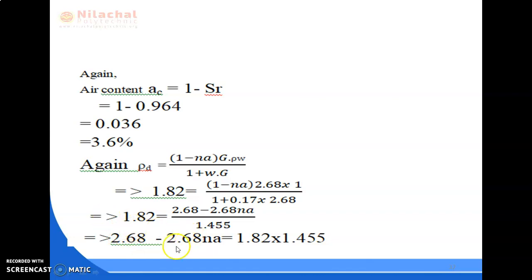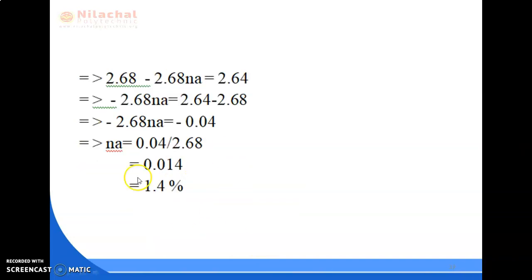Again cross multiplying, 2.68 minus 2.68 na equal to 1.82 into 1.455. So from that, after calculation, we find na equal to 0.014 and multiplying by 100 we get 1.4%.